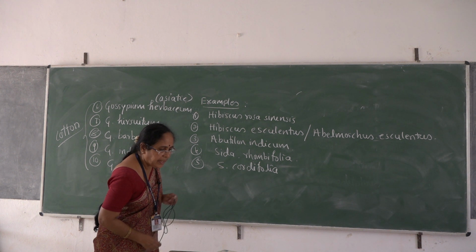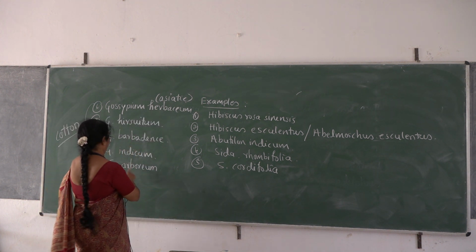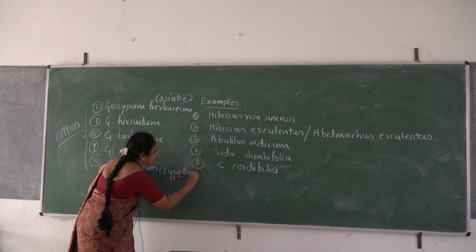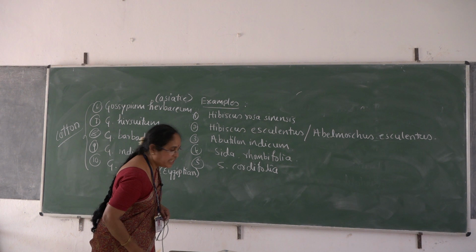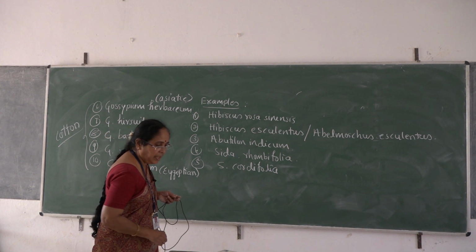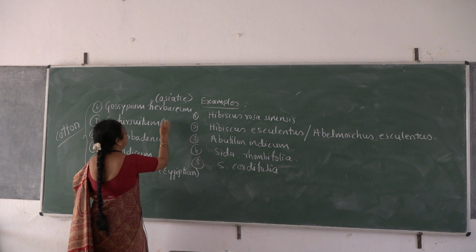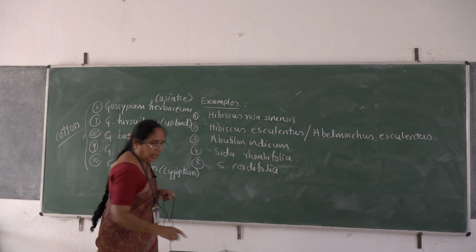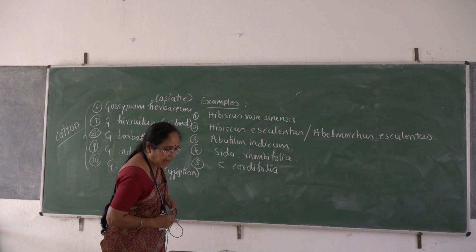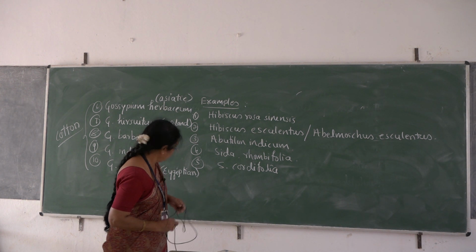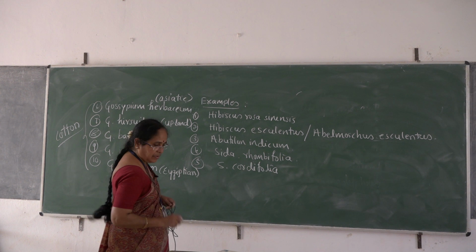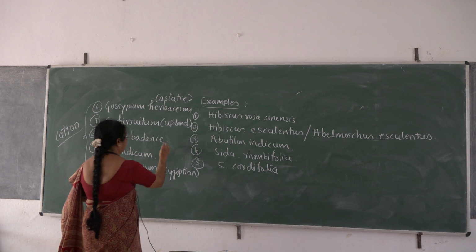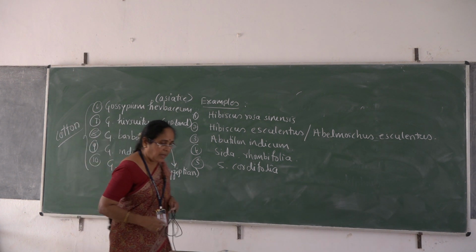Gossypium arboreum is also Asiatic cotton. Gossypium hirsutum is upland cotton. And Gossypium barbadense is Egyptian cotton. This is Egyptian cotton.